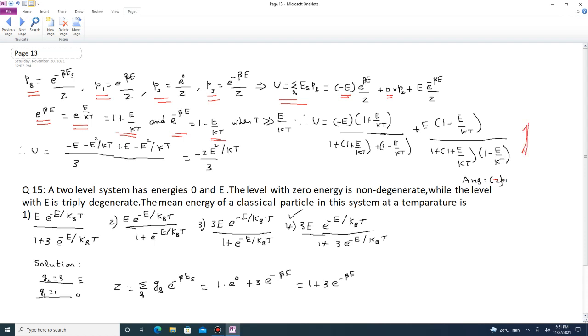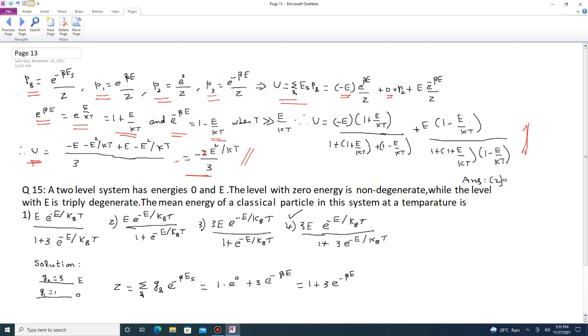So this is the expression for U, and once we simplify this expression, the simplified expression is minus 2 E square by 3 KT. Actually this is 2. So U is minus 2 by 3 E square by KT.